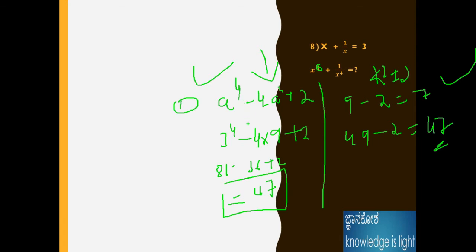Okay, next problem. For the power 5, how to do? The formula is a to the power of 5 minus 5a cube plus 5a, please note it down.